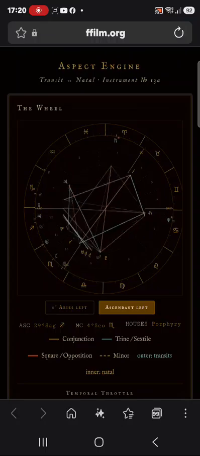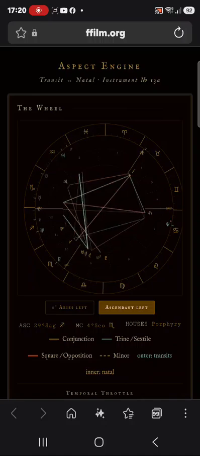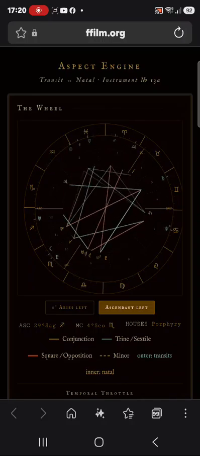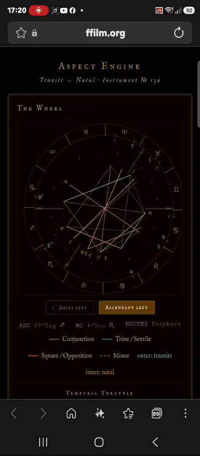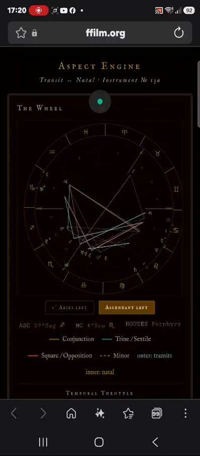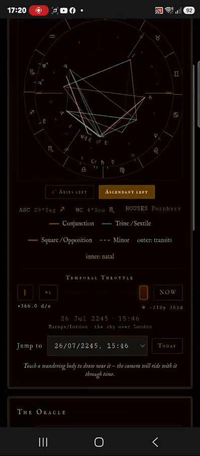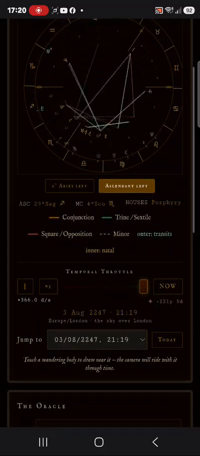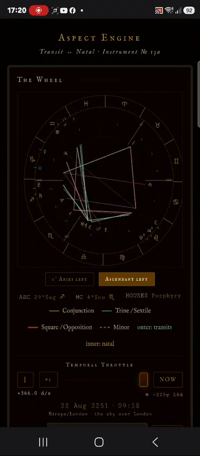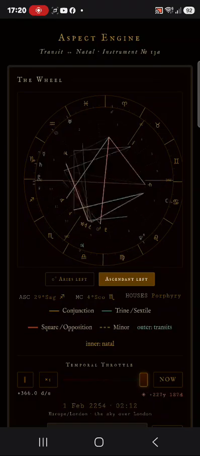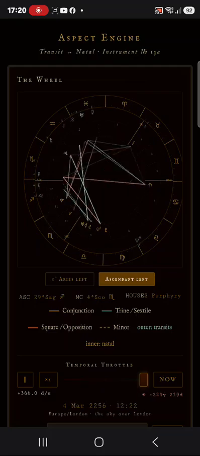And all these symbols flying around clockwise are the outer planets in transit. And by now we're at the year, what year are we at? 2248. So that's 225 years into the future.